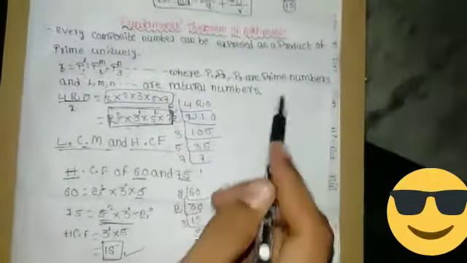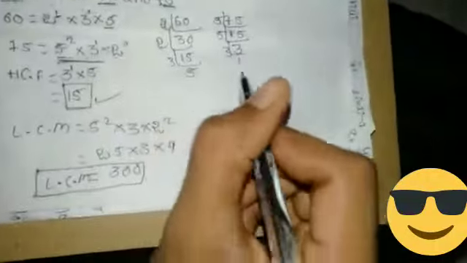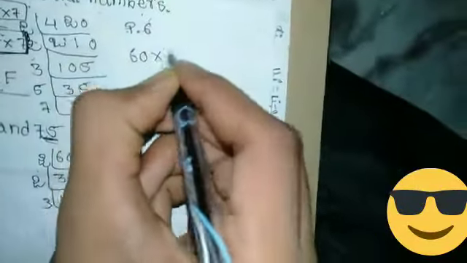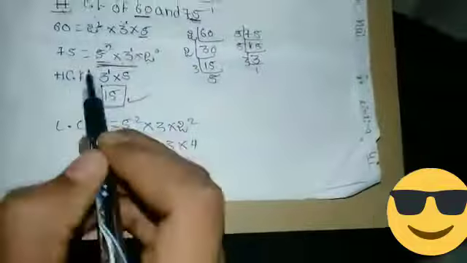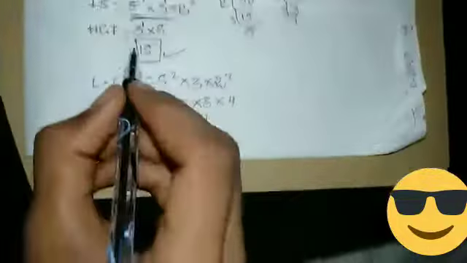This is complete information about the fundamental theorem of arithmetic. And we can find one important thing here. What is that important thing? The product of two numbers, here 60 and 75, means 60 into 75 equals their HCF into their LCM.